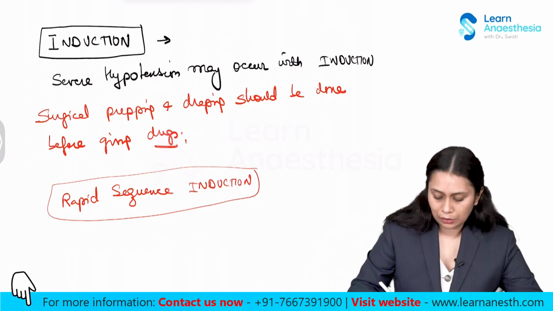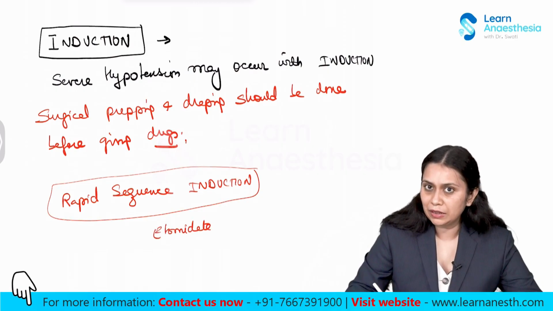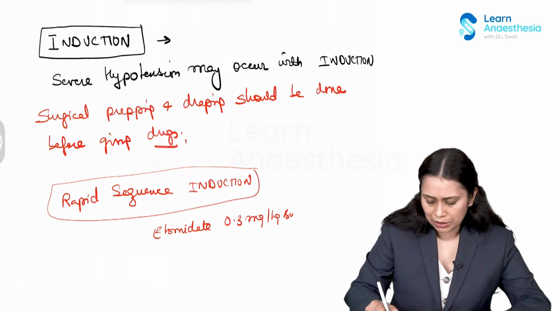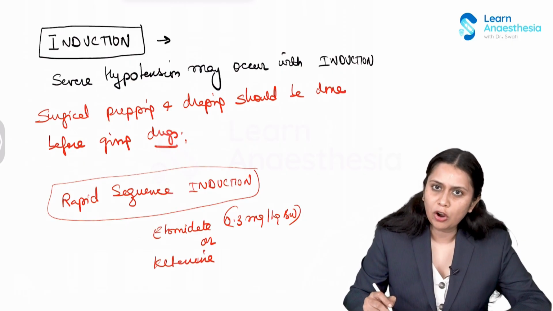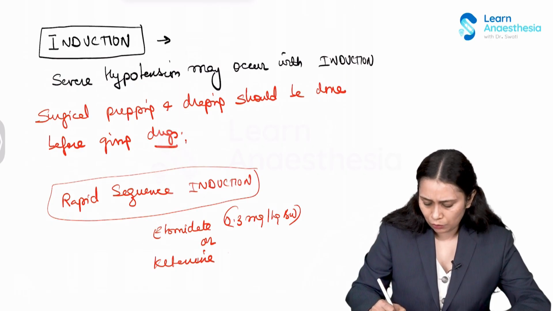For this, we can use etomidate, which is a cardiostable IV anesthetic agent, at 0.3 milligram per kg body weight in a titrated way, or we can use ketamine, which is used in shock patients. Ketamine is sympathomimetic and would increase the blood pressure, 1 to 2 milligram per kg body weight.